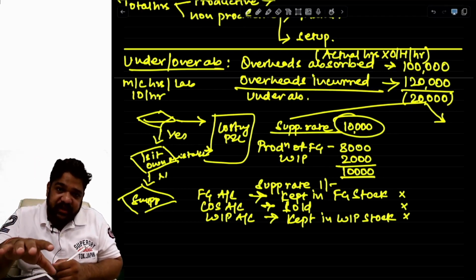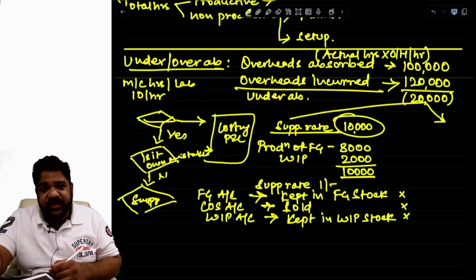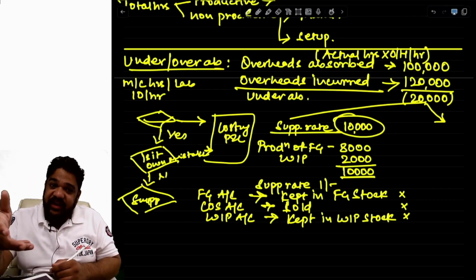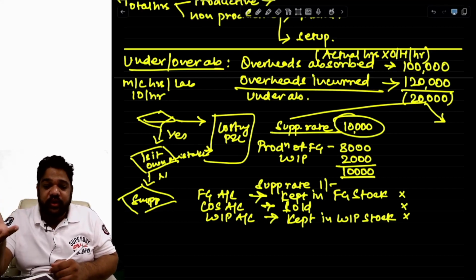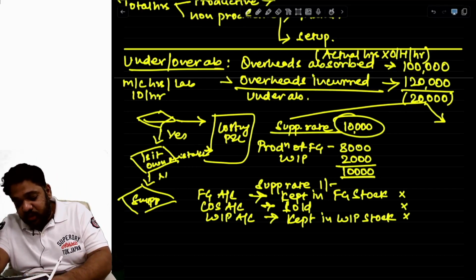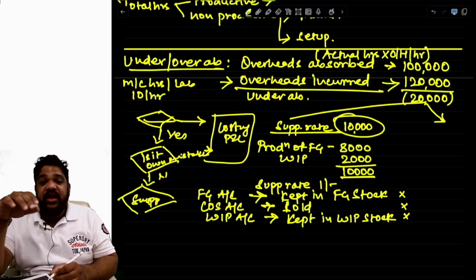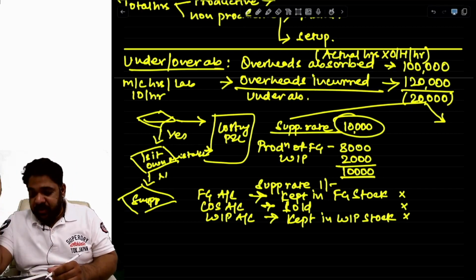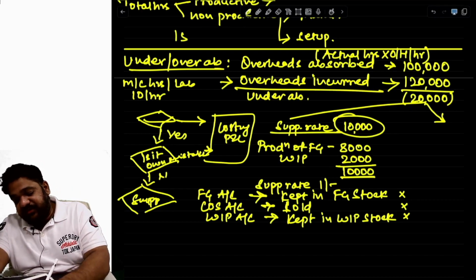Since we don't have any other head of cost, we put them as overheads, but they are not technically overheads. In such a situation, it will be included in the overheads incurred amount, so you will have to reduce it. So let's say overheads incurred are 1,50,000.